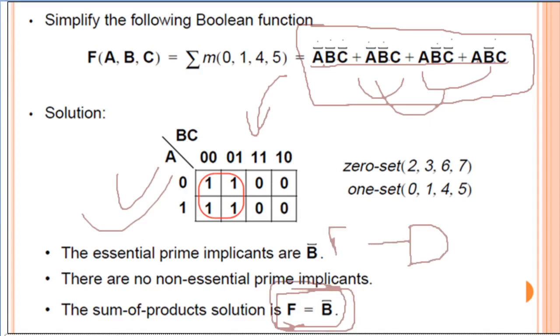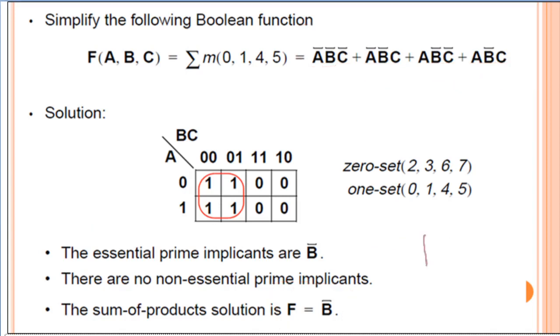That means only this function can be implemented through gate. That means simply this one, and you will get b bar. Clear? This is the magic of k-map. That means this is the magic of simplification of function using k-map.